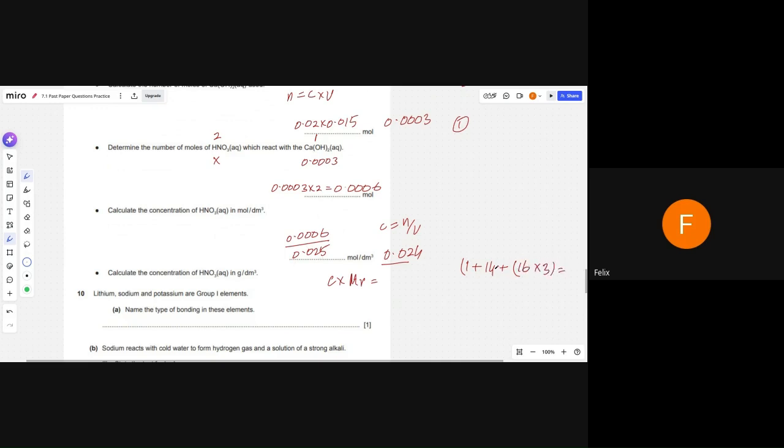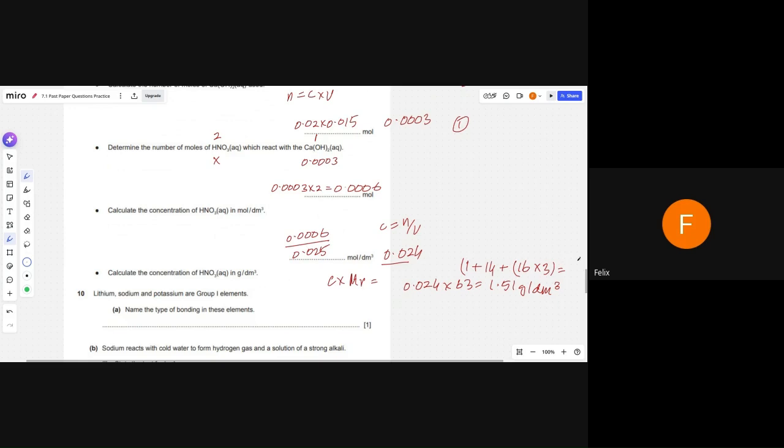When you solve this equation, hopefully you will get 63. So it will be 0.024 times 63, and that's going to give you 1.51 grams per dm cube. So I hope this is clear. If any questions, you can leave them in the comment below.